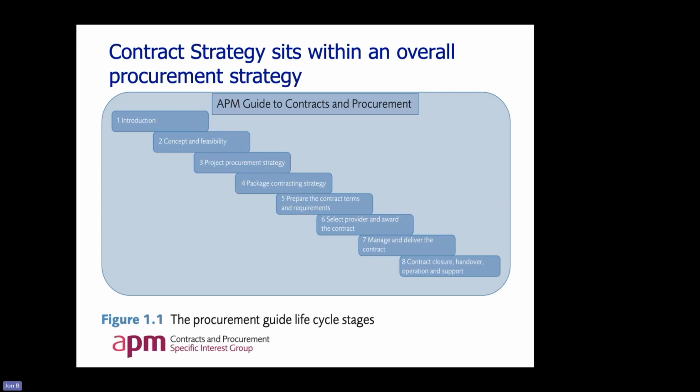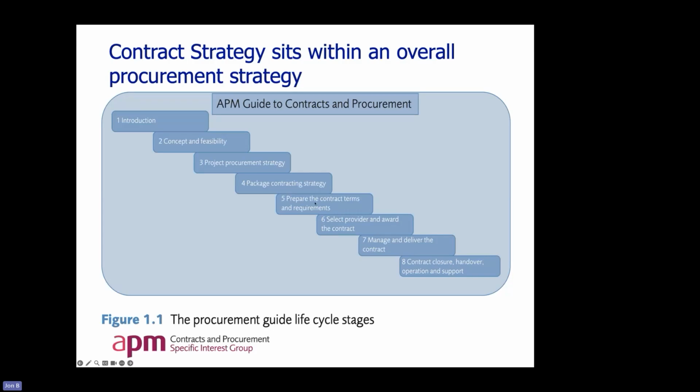That gives an overall project procurement strategy where you've broken it down into packages, and you said we need a collaborative relationship for this, it's time driven for that package, but that one not, and so on, to form a brief for the people who are going to develop the more detailed package strategy. And there could be multiple packages in a contract.